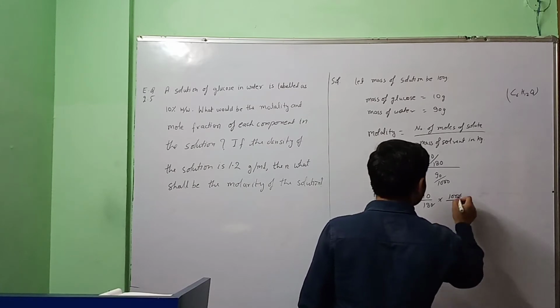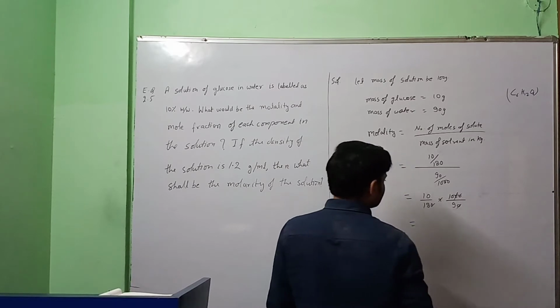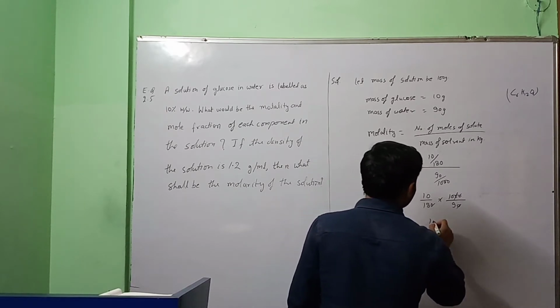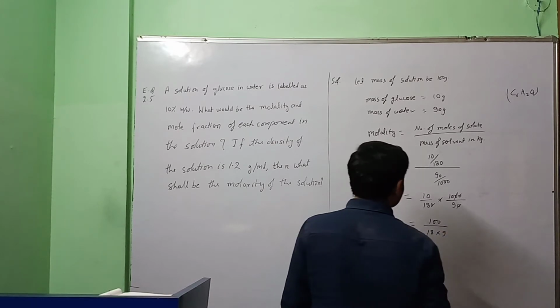We can cancel these zeros, so we are getting 100 upon 18 into 9.